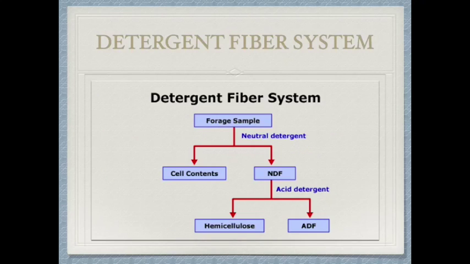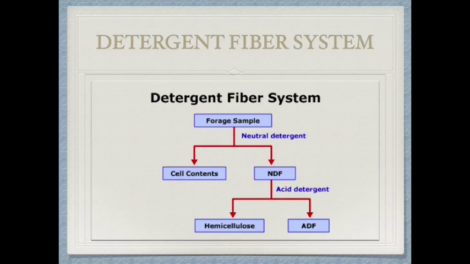If we take a look at the schematic for the detergent fiber system, we're going to take a forage sample and run it through basically like a little washing machine with a neutral detergent. Think of it like doing your laundry with Tide. It's a neutral pH, it's a gentle washing process, and what we do is we separate out the cell contents, which is considered very soluble and digestible, leaving us with that NDF fraction, the hemicellulose, cellulose, and lignin.